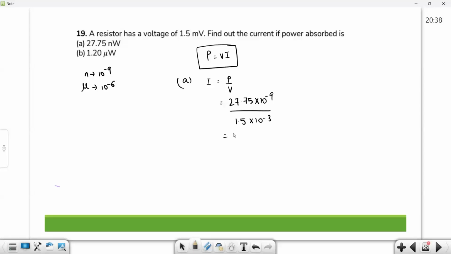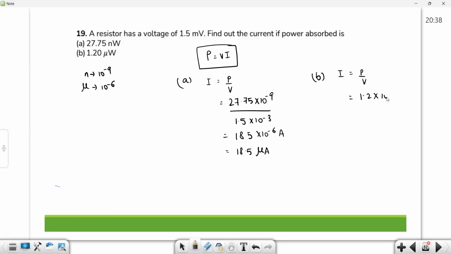Put in calculator, then you will be getting around 18.5 into 10 power minus 6 amperes. Then you can call it as 18.5 microamperes.